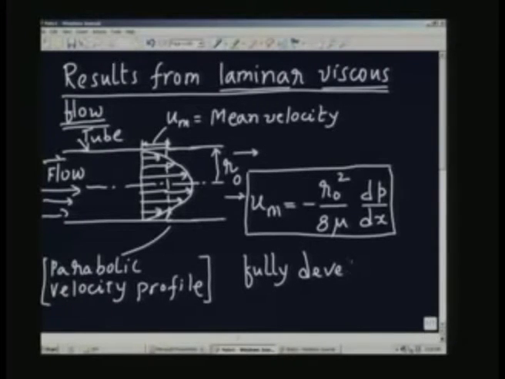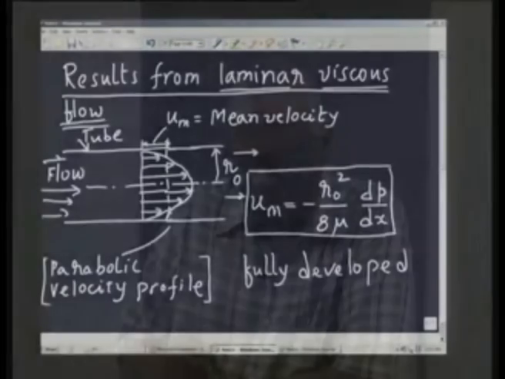That means that the shape of the velocity profile is not going to change along the length of the tube. It is going to remain the same, and of course, the same amount of fluid is moving across from the left to right. So, the velocity profile is totally unchanged as the fluid progresses along the length of the tube.